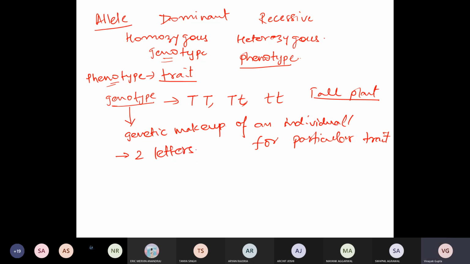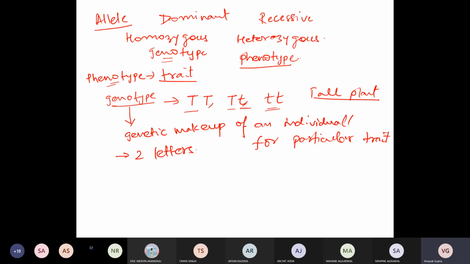Here you are seeing that sometimes we are using capital letters, somewhere one capital and one small, or sometimes two small letters, and there is a meaning for that. Capital T and small t are not the same in genetics. It's very important when you do the numericals.